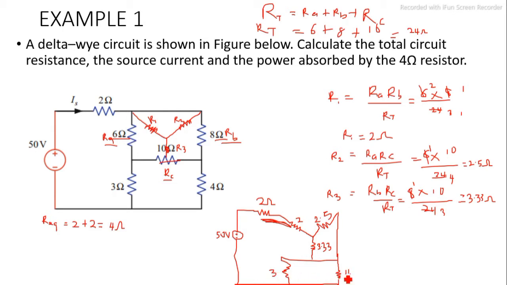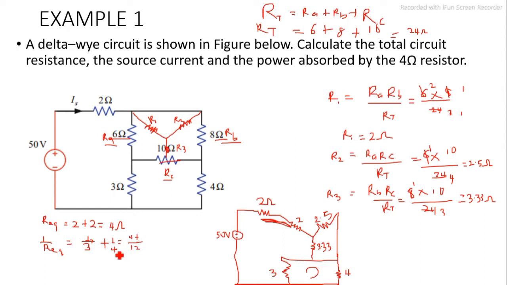Note also, this and this, they are in parallel. So the equivalent of them will be what? 1 over R equivalent equals 1 over 3 plus 1 over 4. What's the LCM? The LCM is 12. 3 in 12, that's 4, 4 times 1, so 4.